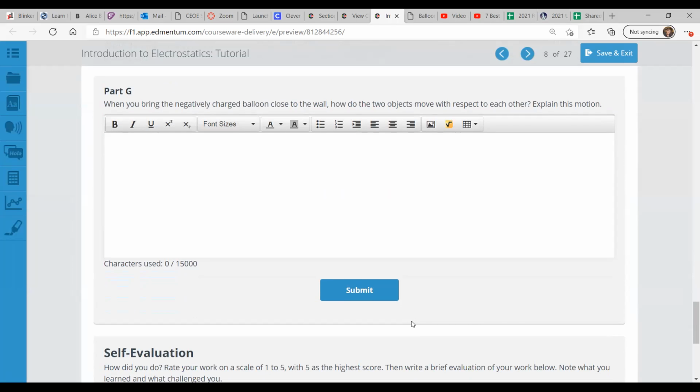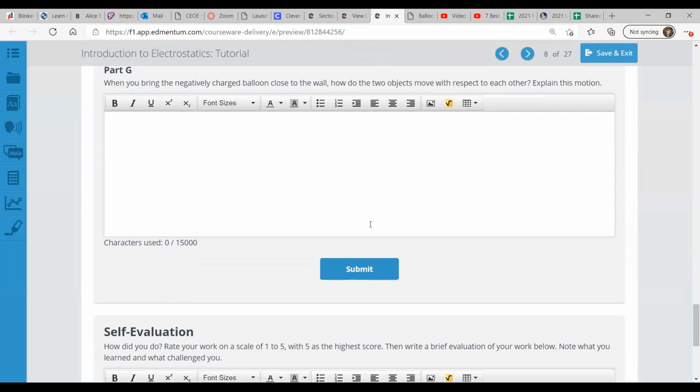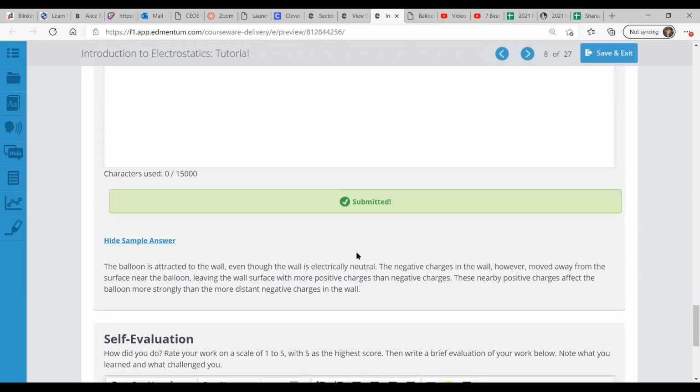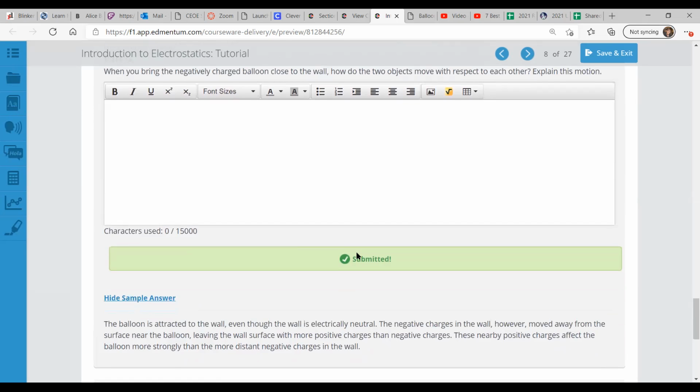When you bring the negatively charged balloon close to the wall, how do the two objects move with respect to each other? Explain this motion. Well, the balloon is attracted to the wall. Even though the wall is electrically neutral, it has both positive and negative charges, the negative charges in the wall move away from the surface near the balloon, leaving the wall surface with more positive charges than negative charges.